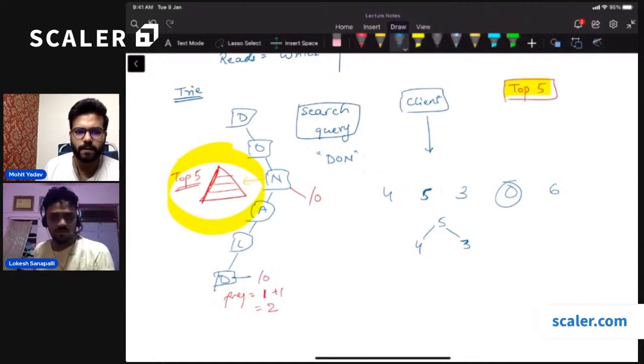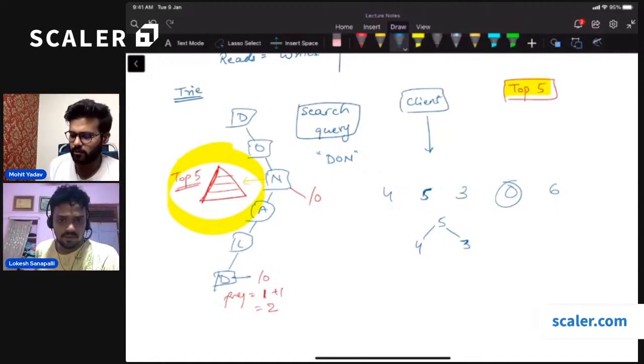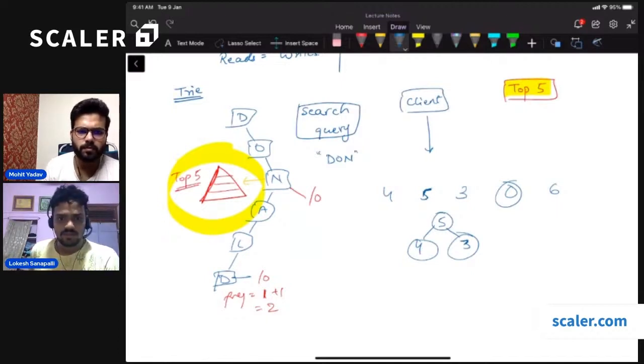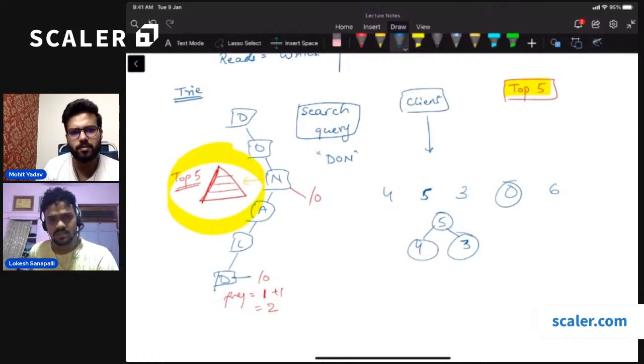Basically, you'll have to check all the elements in the heap. So we want top 3, right? In this case, we need to check the minimum element, but the minimum is not at the top, the maximum is.